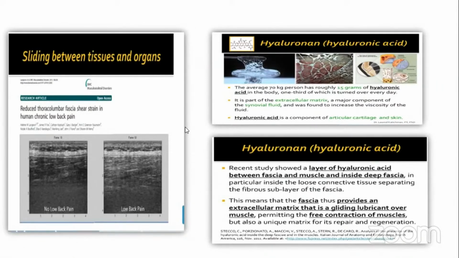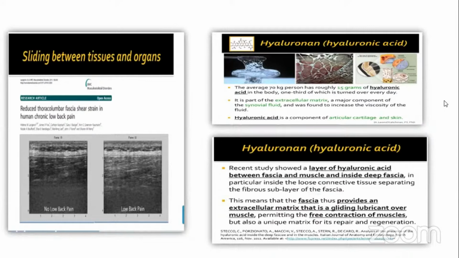Ini ada hasil penelitian. This is research I see that is published in a journal. Itu kalau kita lihat ada yang dengan low back pain dan ada yang tidak dengan low back pain, itu kaitannya dengan hyaluronic acid between fascia and muscle. You highlighted it, you bolded this, it's really important.